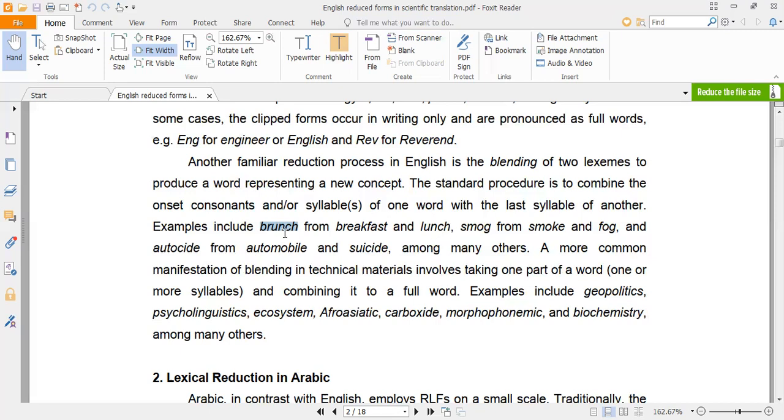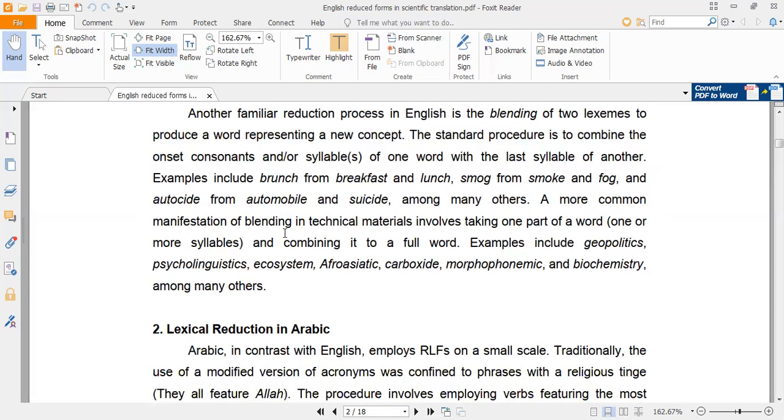These two parts are put together, and we have a new word which is brunch, and it stands semantically in the middle between the two words. Okay, automobile, yeah.